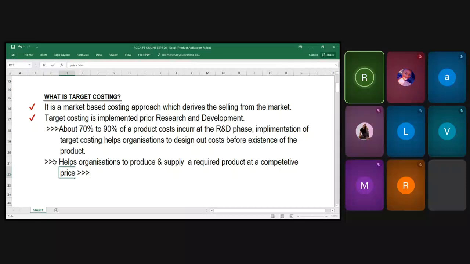So profitability is not a problem if we make use of target costing.